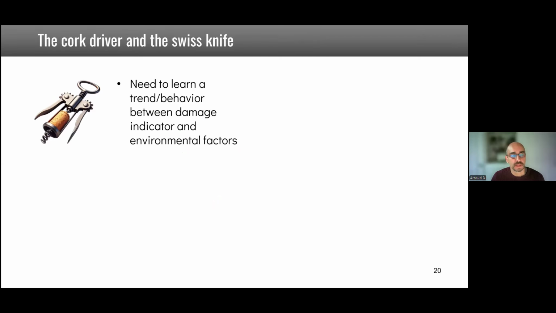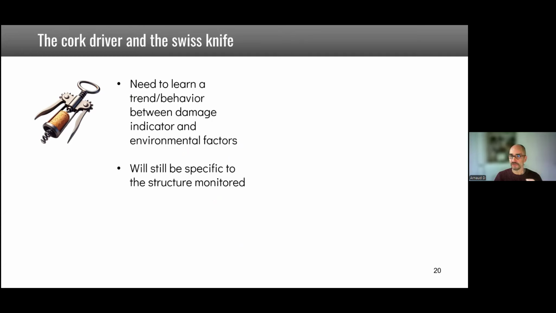So in this case, we saw that with the cork driver, we need to learn a trend or a behavior that links the damage indicators, here, for example, the change of velocity, and environmental factor. And this will still be specific to the structure monitored.